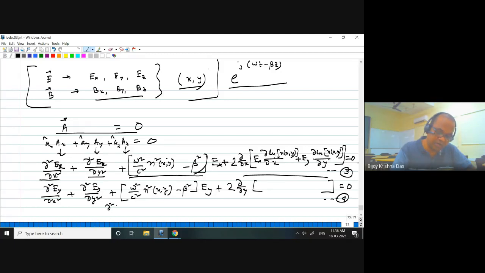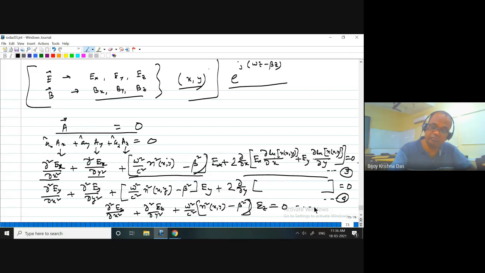The z component is a bit simpler. If I consider z, the third term will not have any z component. This is your equation 5.